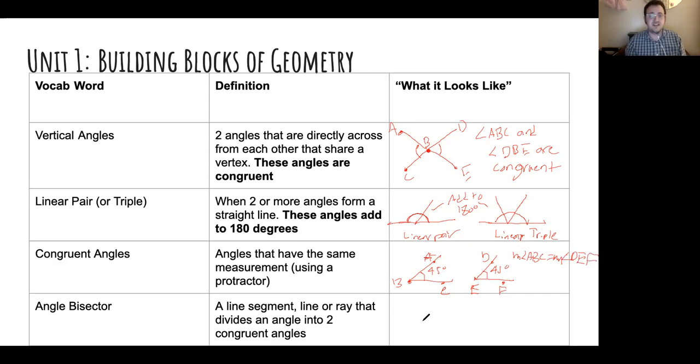And then angle bisector. Bisector just means cut into two equal pieces. So I could have a situation where this is a 20-degree angle, that is a 20-degree angle. This is cut into two congruent angles.